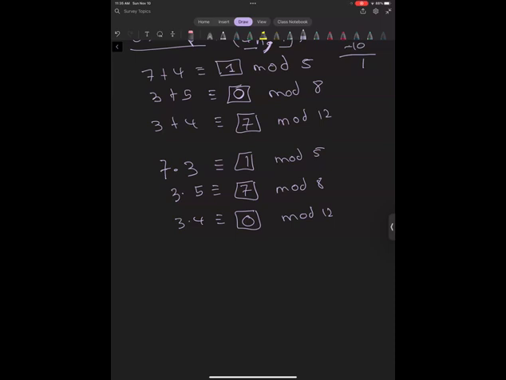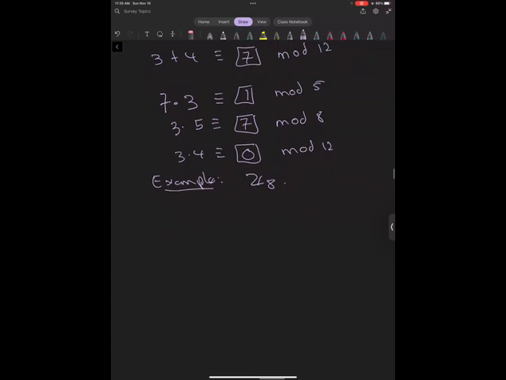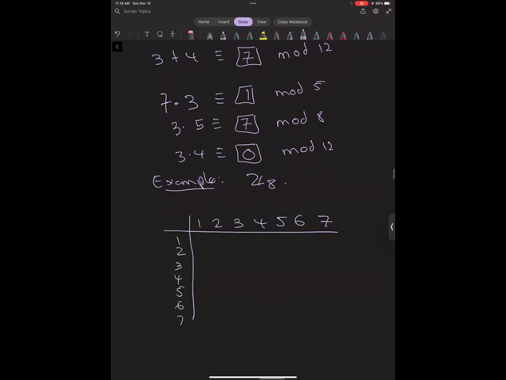So, example: we're going to study C8. So what is C8? We take the representatives 0, 1, 2, 3, 4, 5, 6, 7, along the top and along the side.